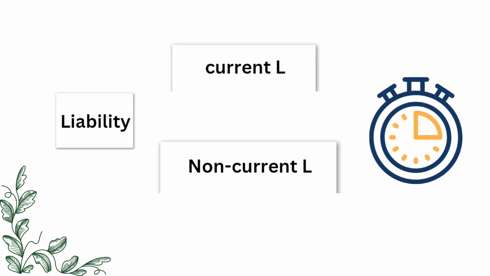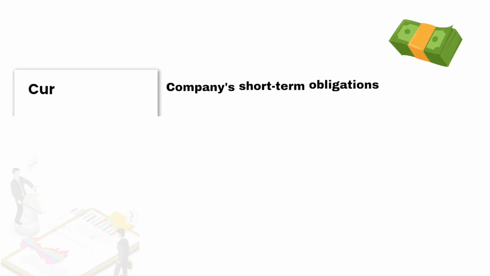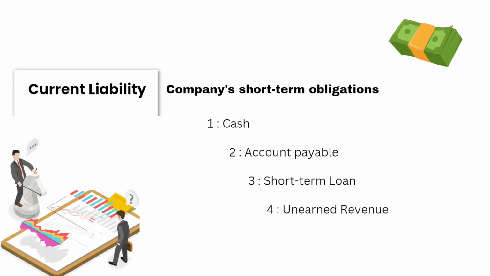The first one is current liability and the second one is long-term liability or non-current liability. The first one, current liabilities, are a company's short-term financial obligations that are due within a year. Some subdivisions are cash, account payable, short-term loan, unearned revenue, and so on.